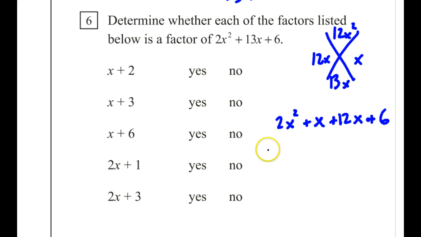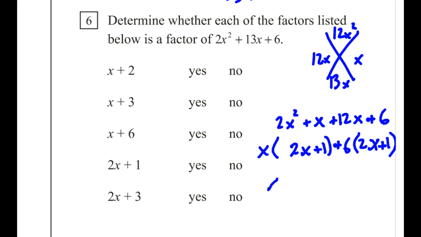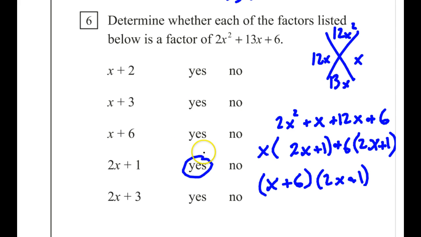Factor x out of both of them. Left with 2x plus 1. Factor out the GCF of the second two, which would be 6. 2x plus 1. So our two factors are x plus 6 and 2x plus 1. So 2x plus 1 is a factor, x plus 6 is a factor. Neither of the others are. There you go.